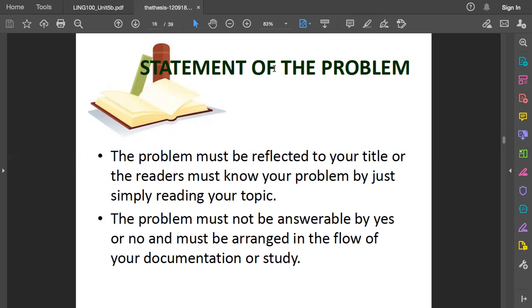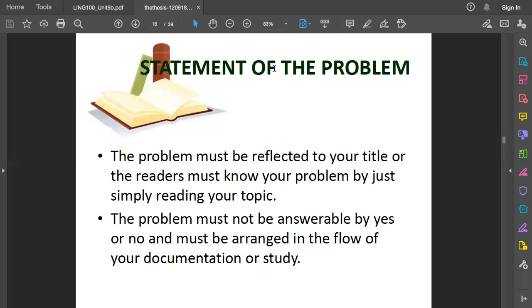Something like that. And then specifically, there are two types of writing the specific objectives. Some institutions would want a question type. Some would have objectives or the imperative type. So again, check the research manual or the format in the library.